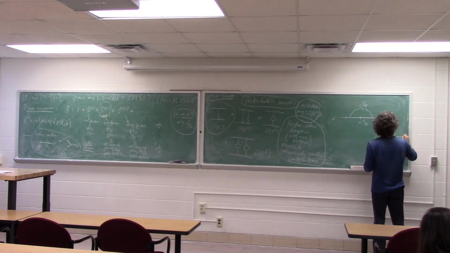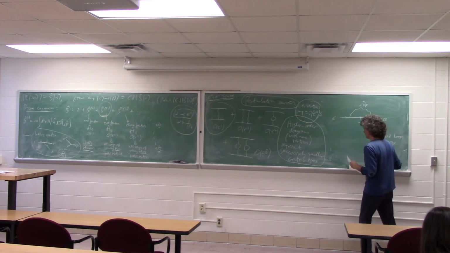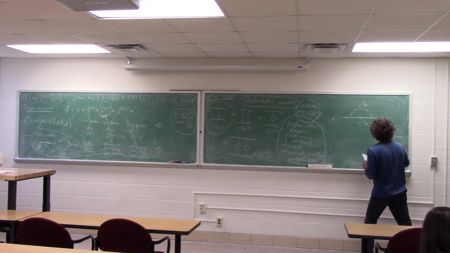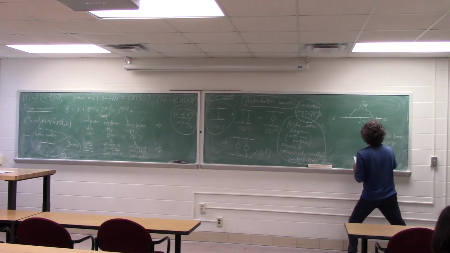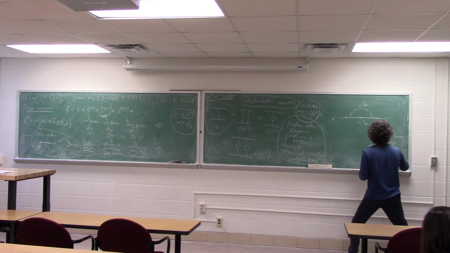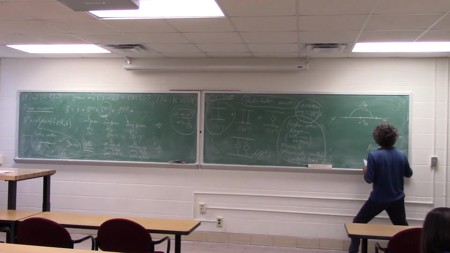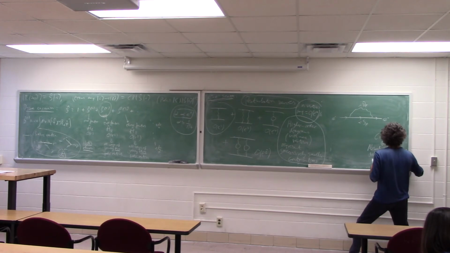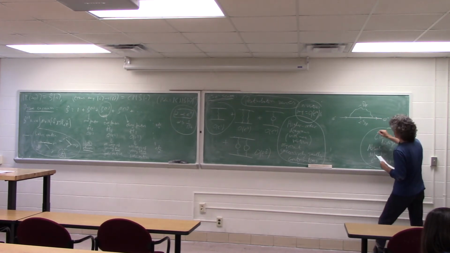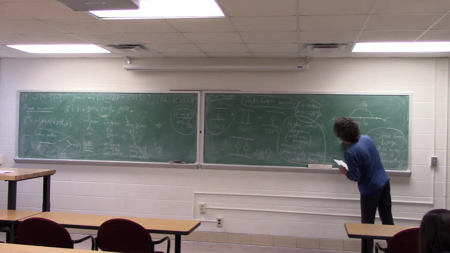Closed loops diverge. I'll talk a bit more about this next week, but let me just say that the divergences can be absorbed in a redefinition of the electron mass and charge. This process is called renormalization.